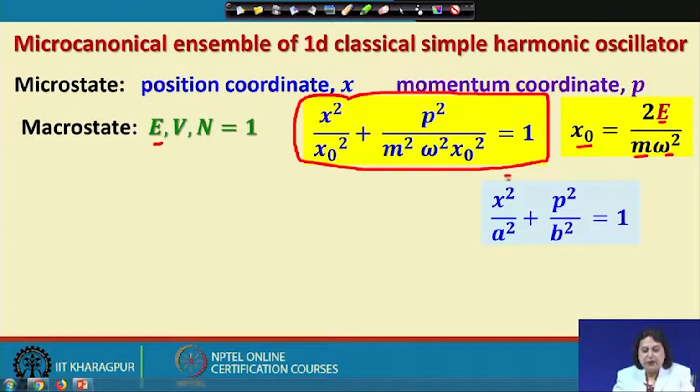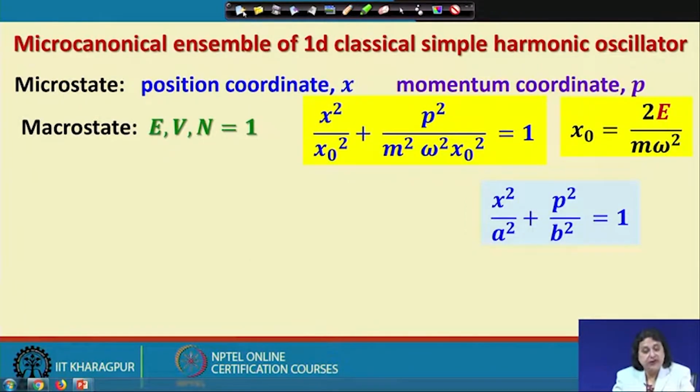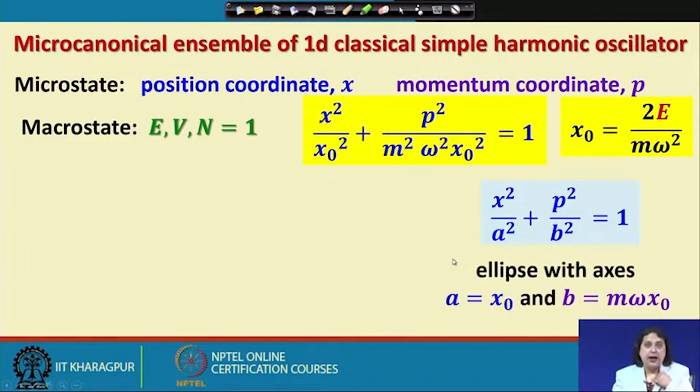Now, this has a form of x square by a square plus p square by b square equal to 1, and this of course is the equation of an ellipse, and therefore, I understand that I am going to have a plot of an ellipse with axis a equal to x naught and b equal to m omega x naught when I look at the microscopic states obeying this constant energy condition in the phase space.